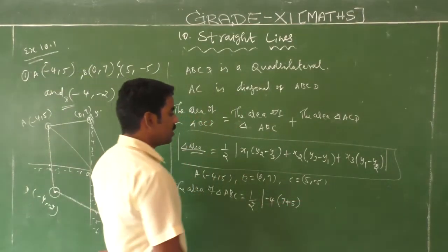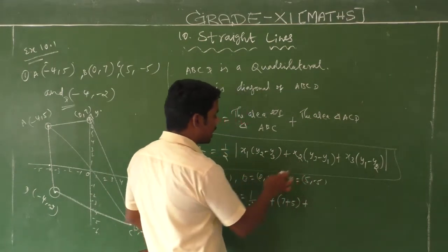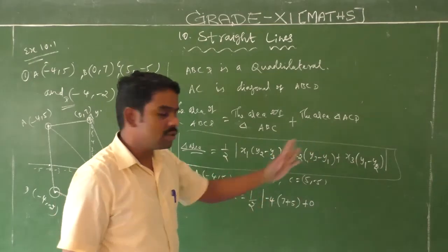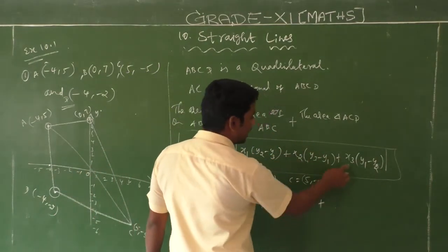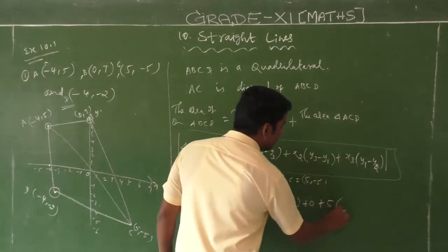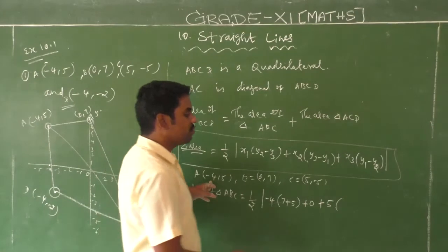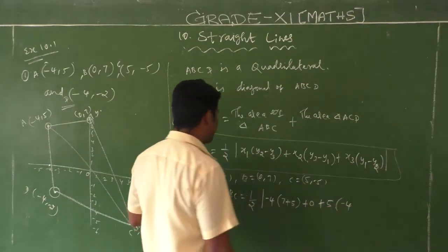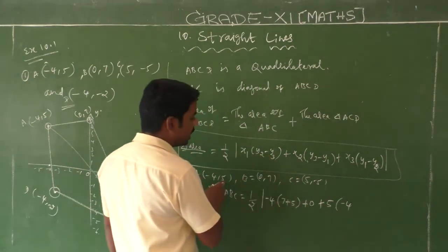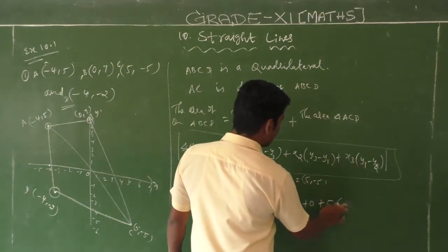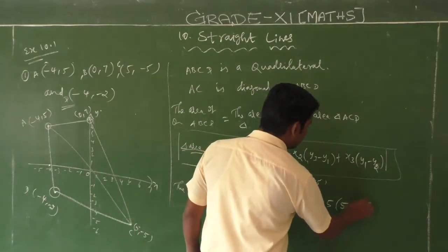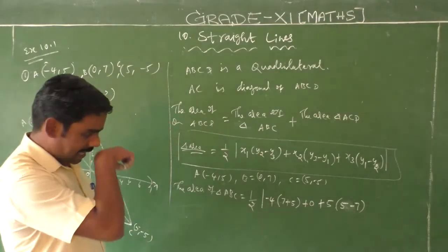plus x2 value is 0, and 0 times anything is 0. Next, x3 is 5, times y1 minus y2, which is 5 minus 7.